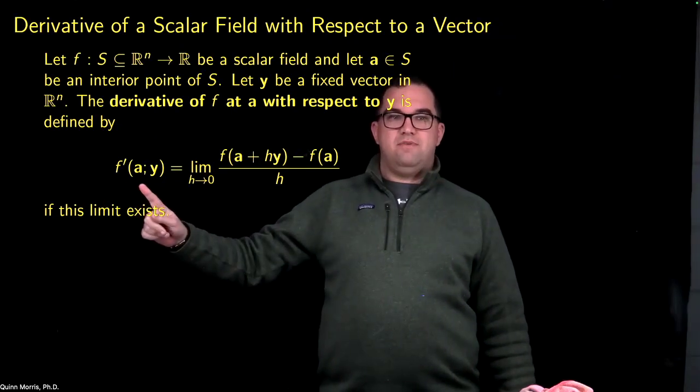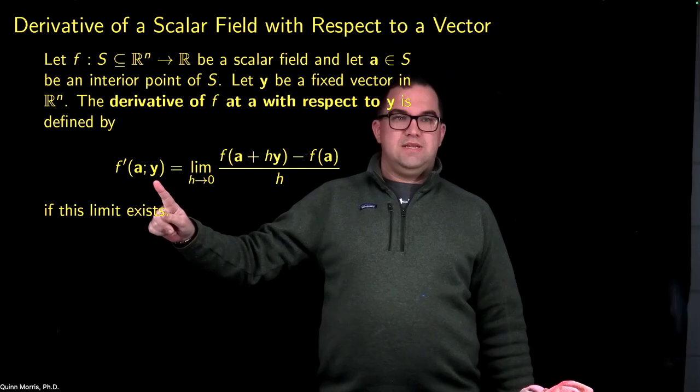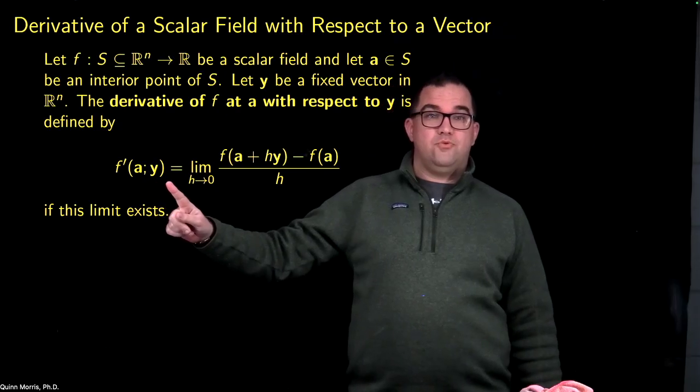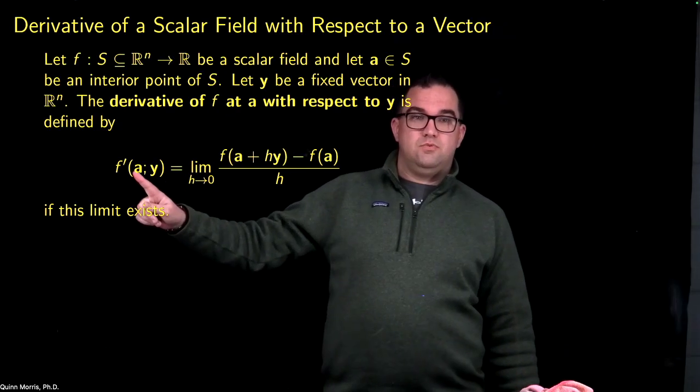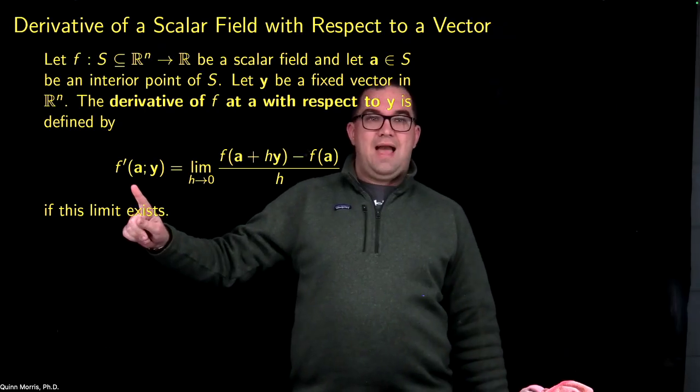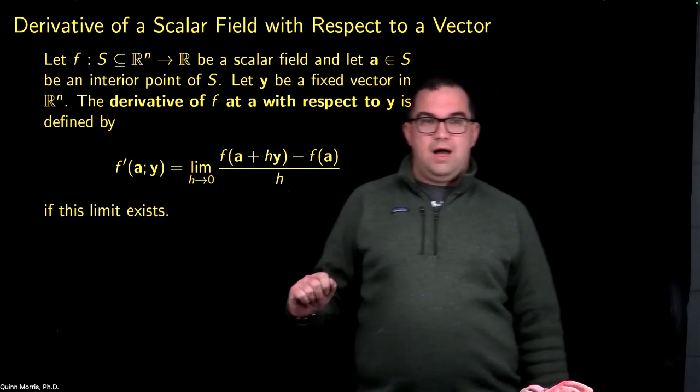Again, it's like f prime of A, but now we also need to specify what vector we're taking a derivative with respect to. So we would say this is the derivative of f at A with respect to Y.